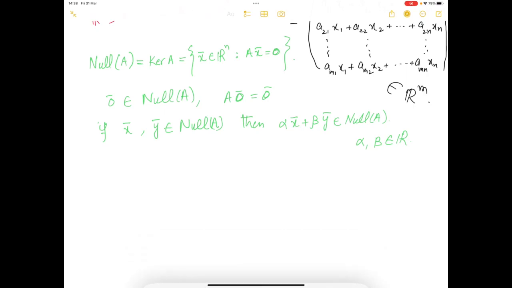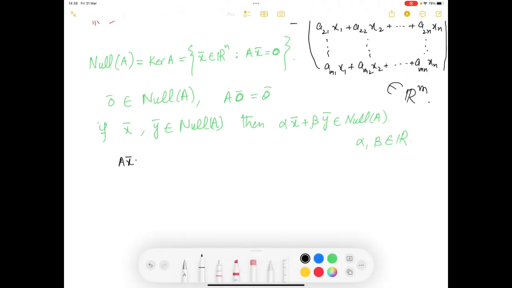This means that x is in the null space of A means that A multiplied with vector x is 0, and similarly A multiplied with vector y is a 0 vector.